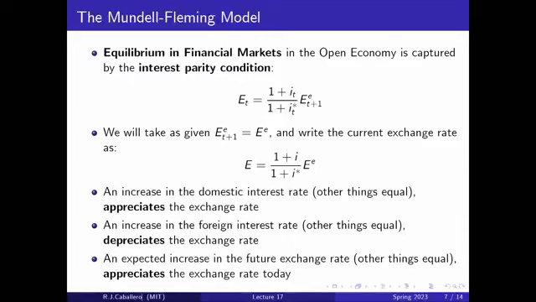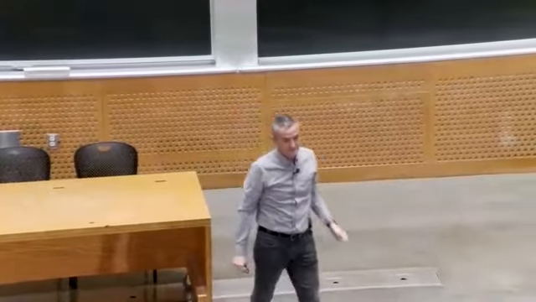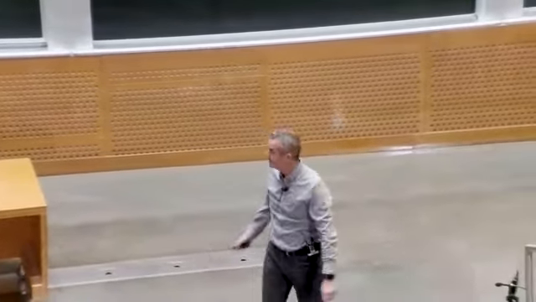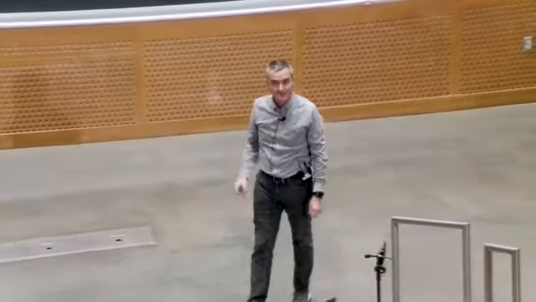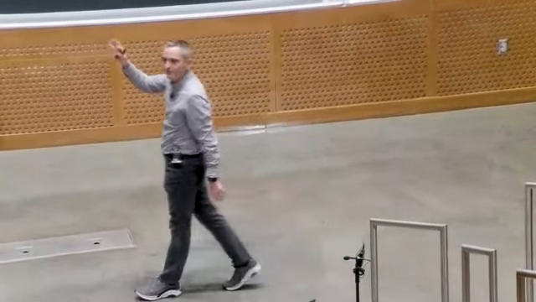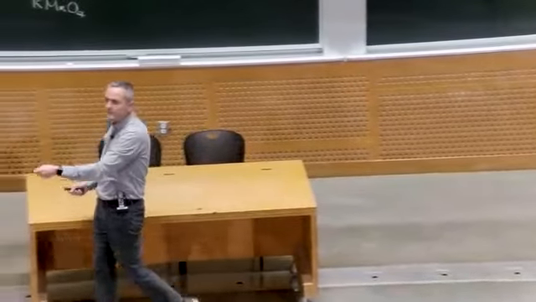In this particular case, if the interest rates are the same, that will happen only if the exchange rate today jumps exactly by the same amount as the expected change in the value of the dollar in the future. Good. Think about this. Play with these things. I know it can be confusing, and I always start with, let me move something.